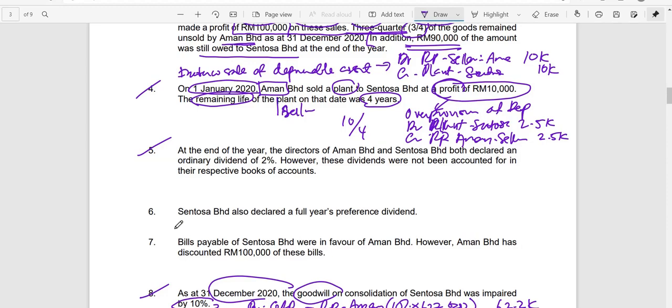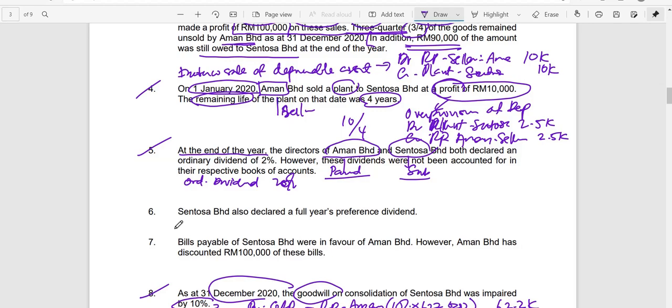Before we start, the dividends that you have here is the one that will be declared at the end of the year, where directors of Aman is the parent company, and also Sentosa is the subsidiary company, right? So both declared dividend, and the ordinary dividend declared by both companies was 2%.